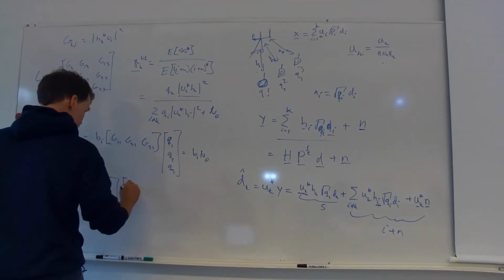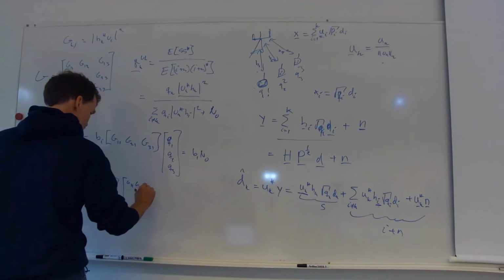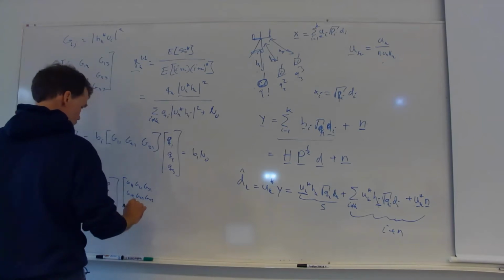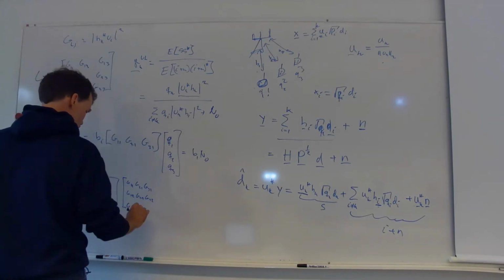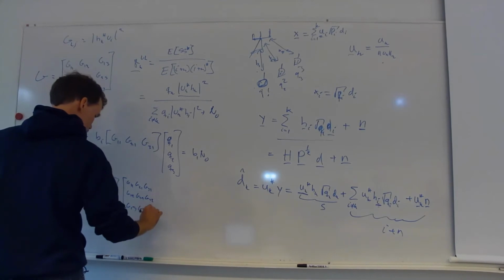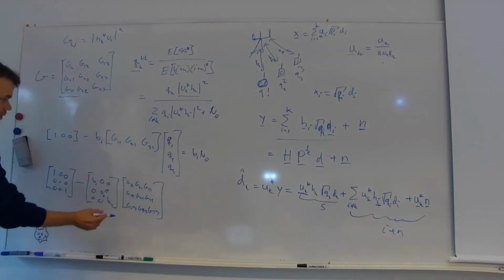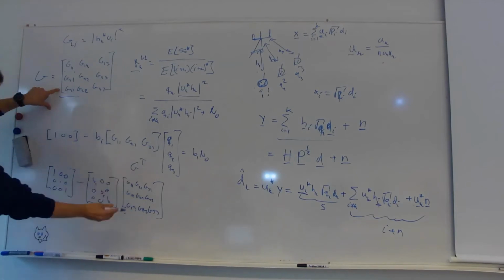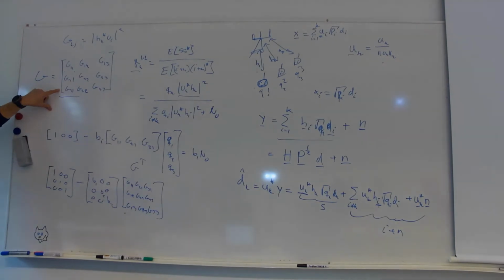There we have G11, G12, and so on. So this matrix here happens to be the transpose of this matrix. Everybody can see this?